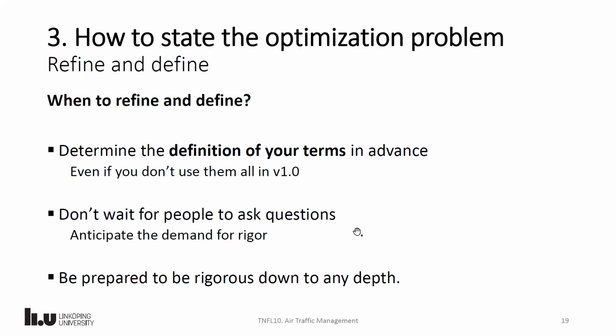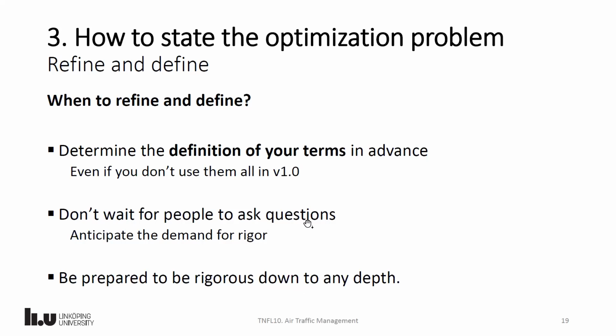As I say, it depends a lot on your audience. So if you're writing a scientific paper or your thesis, have in mind that the people that are going to be reviewing your paper or your thesis are experts on the subject. So anticipate that these people are going to need a high level of rigor.